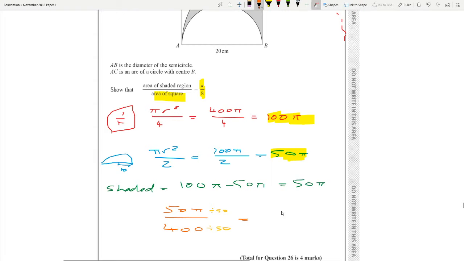Well, 50 pi divided by 50, you're left with just pi, and 400 divided by 50 is the same as saying 40 divided by 5, which is 8. Is that the same? It is, yeah, pi divided by 8. Okay, slightly big question, but if you go through systematically, breaking down each one, you get the answer, pi divided by 8.